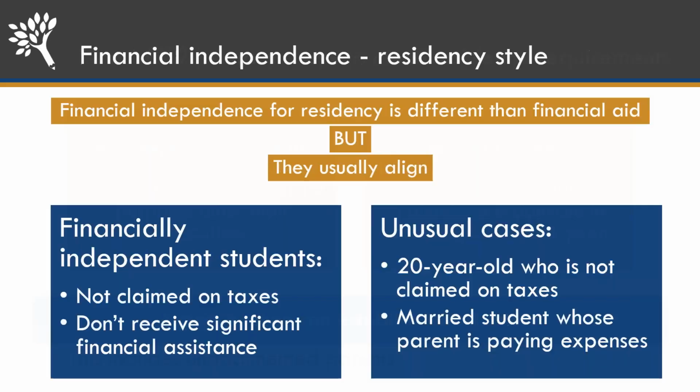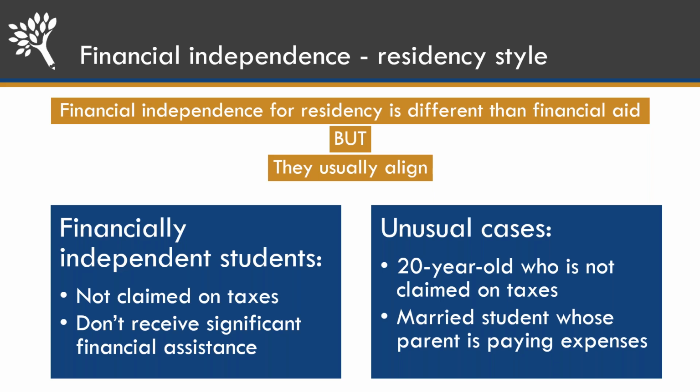So just one little piece of information that I want to make sure you're aware of is that residency, just to make things fun, has a different definition of financial independence from financial aid, but I'm just making sure you're aware of that just to know it, because really most of the time they align.